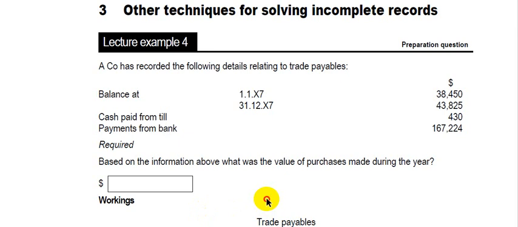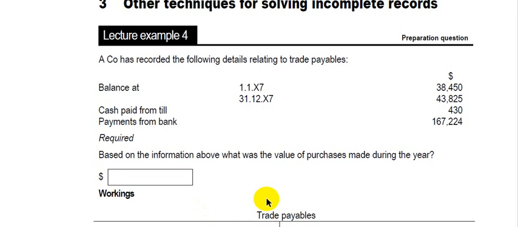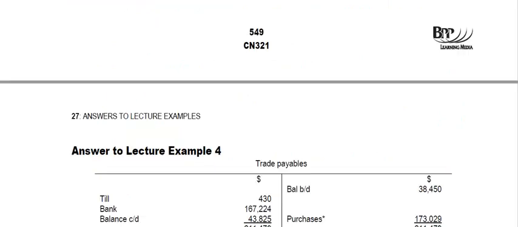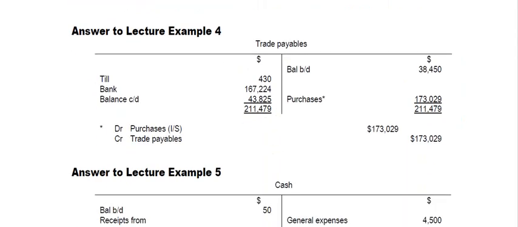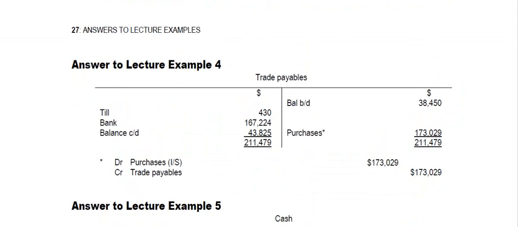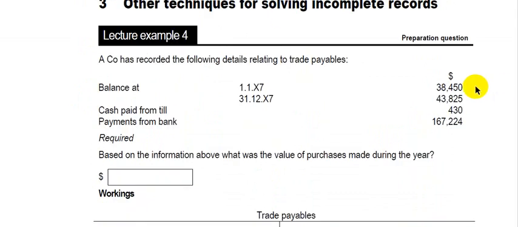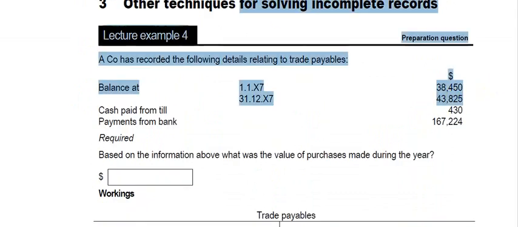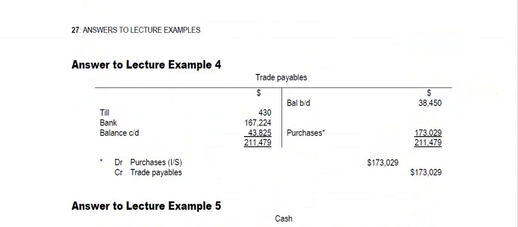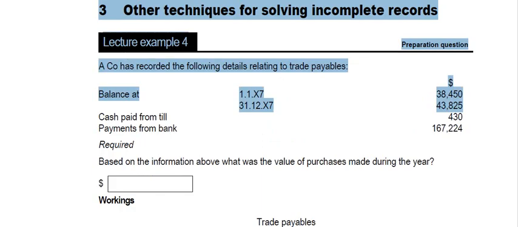To compute the value of purchases, we need to draw a T account for the trade payables. A payable has got a credit balance, so the opening balance of 38,450 goes to the credit. Then we're told cash paid from till.